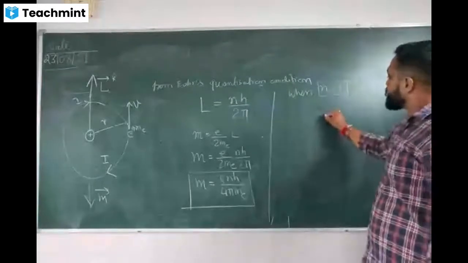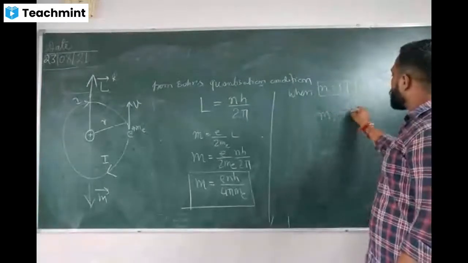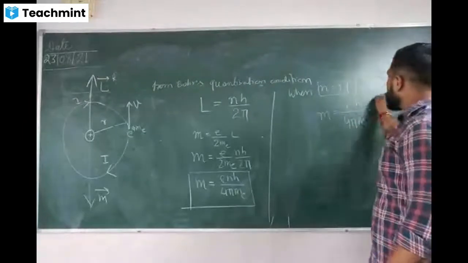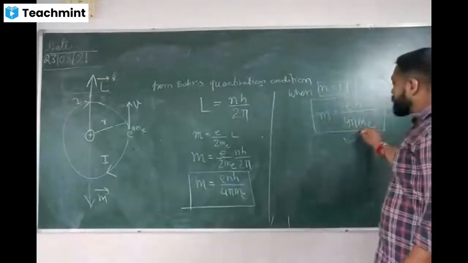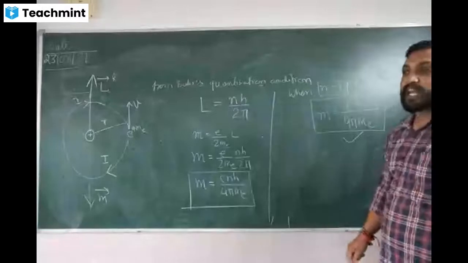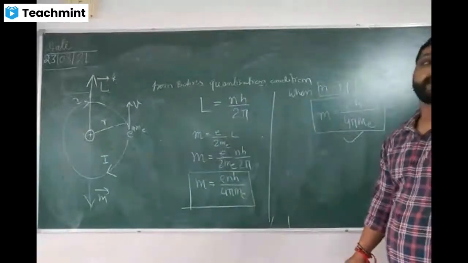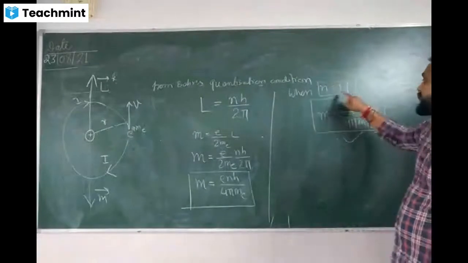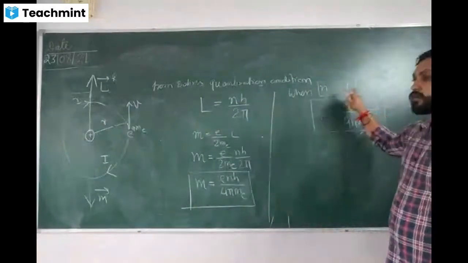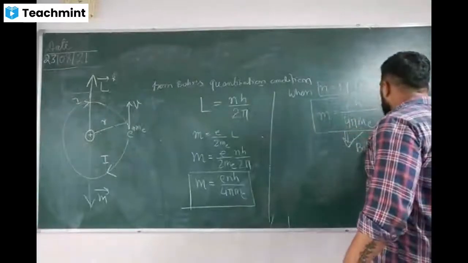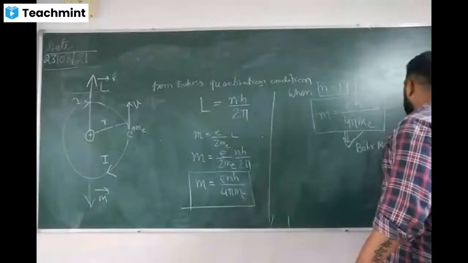This magnetic moment becomes eh upon 4 pi me. That's why I am taking n equals 1, and this is known as the Bohr magneton.